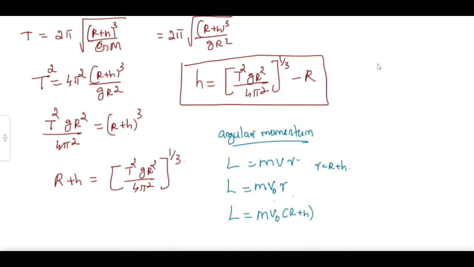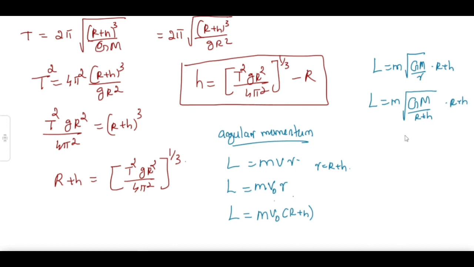Substitute the value for VO. What is the orbital velocity formula? Square root of GM divided by R plus h. Or we can write L is equal to m into square root of GM divided by R plus h, into R plus h. Take the R plus h inside the square root.